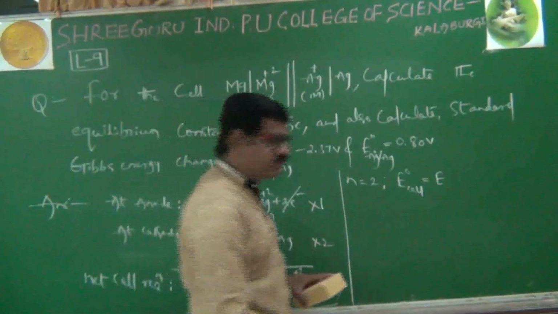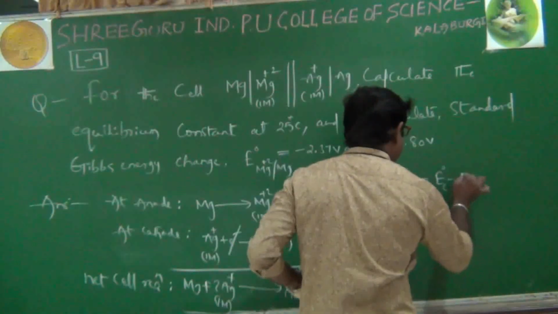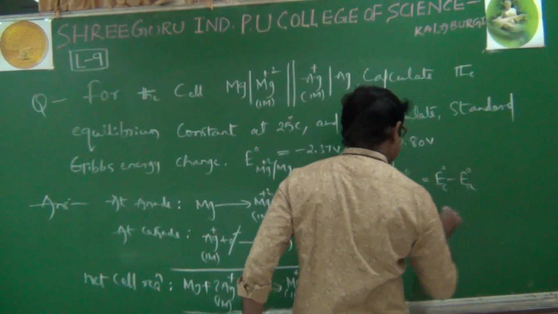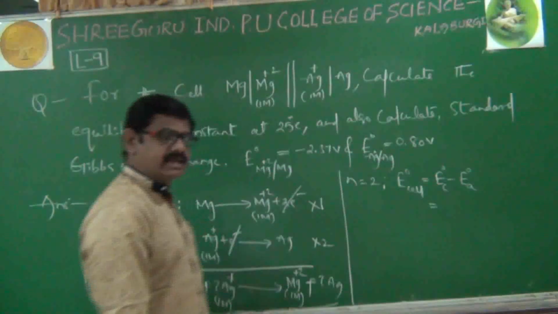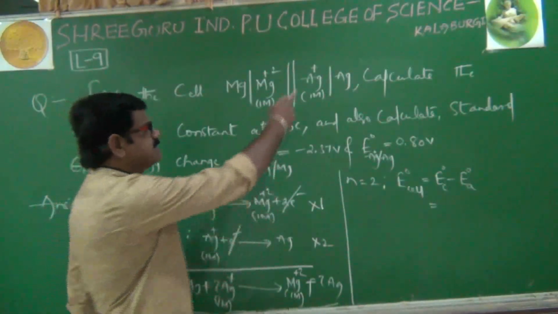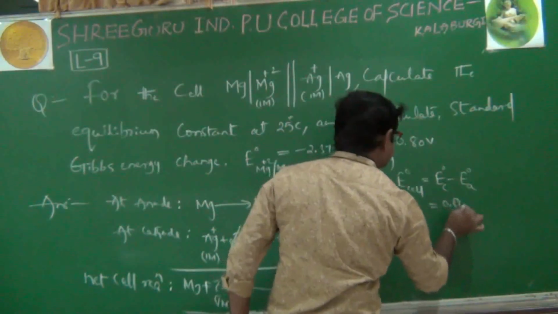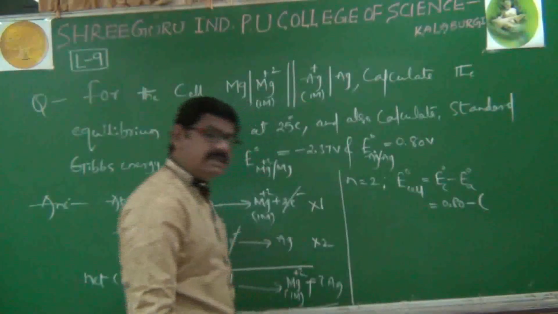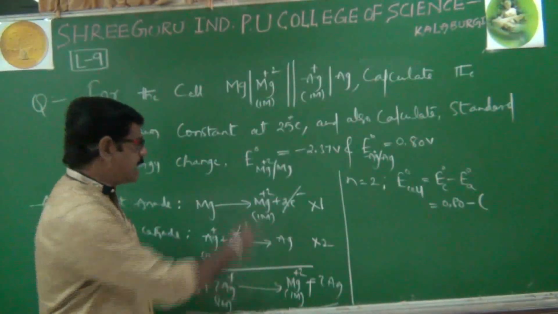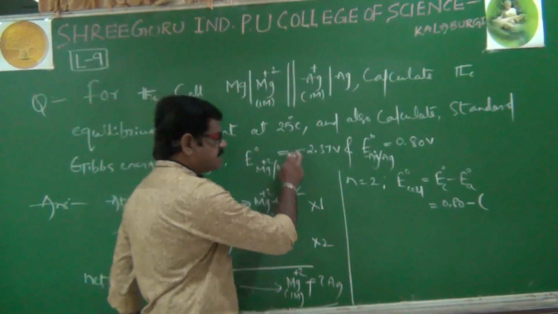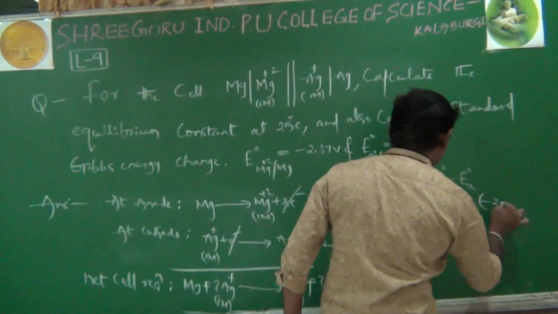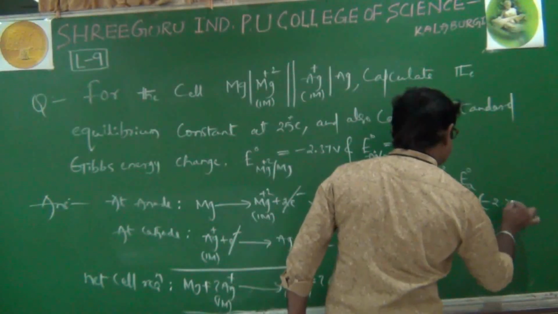Therefore the E naught cell formula is already familiar to you: E naught cathode minus E naught anode. Which is the cathode? Silver is the cathode. That's why silver SRP value 0.80 minus E naught anode. Anode is magnesium here, minus, the value is minus 2.37.